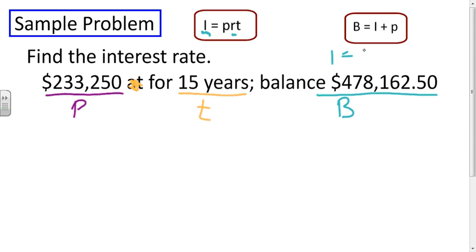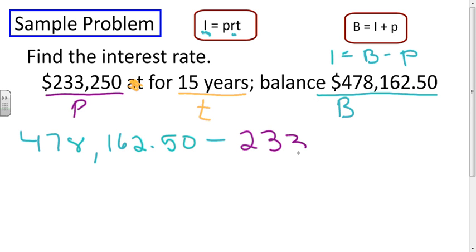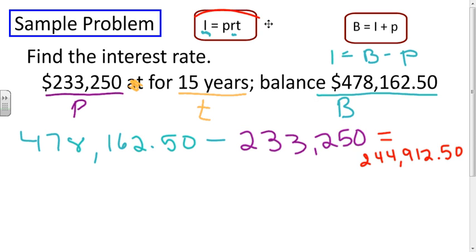So the interest is going to be my balance, 478,162.50, minus the principal, 233,250. I find that my interest is $244,912.50.